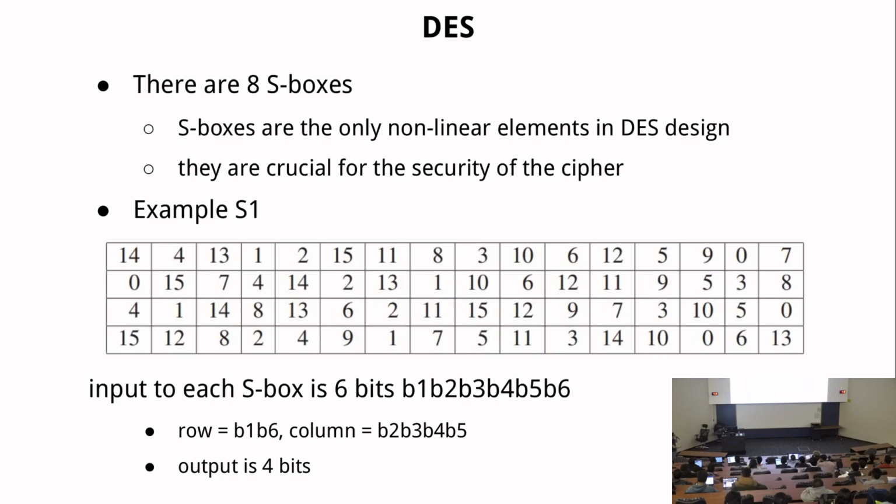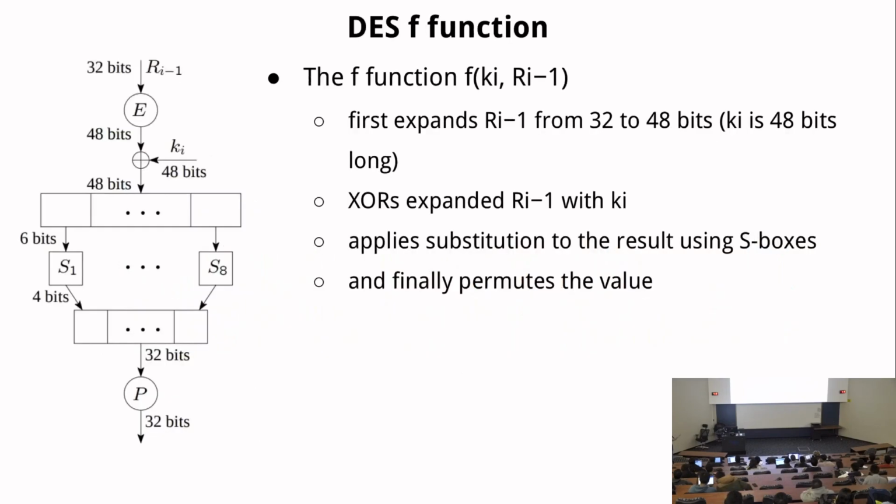So 4 rows. And for the column, we have 4 bits, which is 16. So this table has 4 times 16, which is 64 possible inputs, which is 6 bits, right?